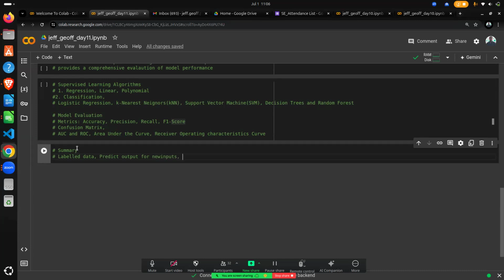Then the common tasks of supervised learning.